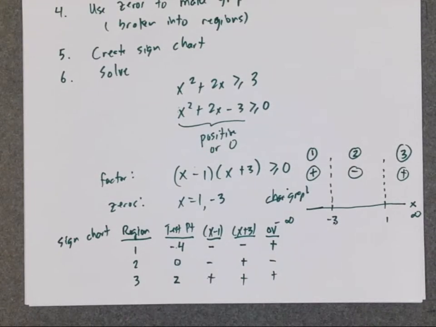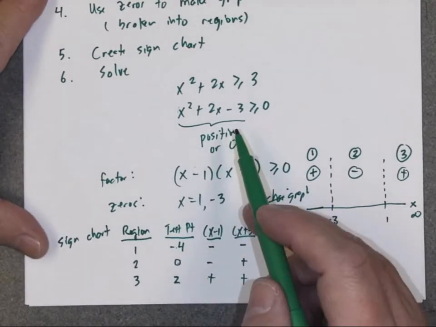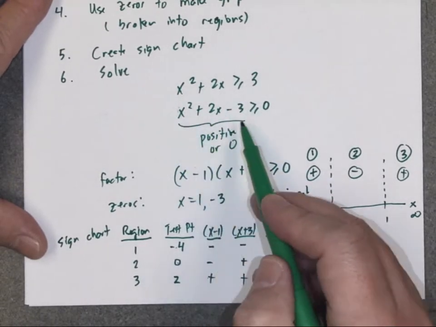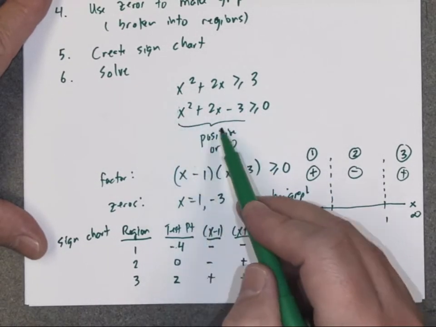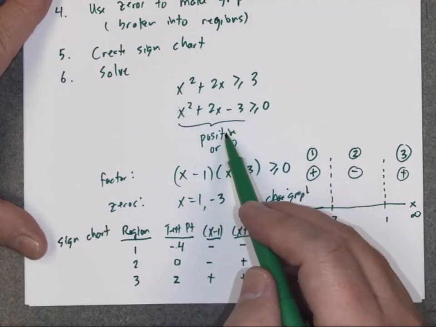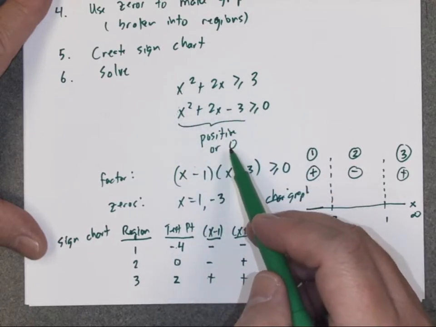So let me say this. Once we finish the sign chart and we find out which regions are positive and negative, we're basically, for the most part, done. Why do I say that? Let's go back again to what I said at the beginning. What am I really trying to do here? I'm trying to find the values of x that cause this expression to be positive or 0.